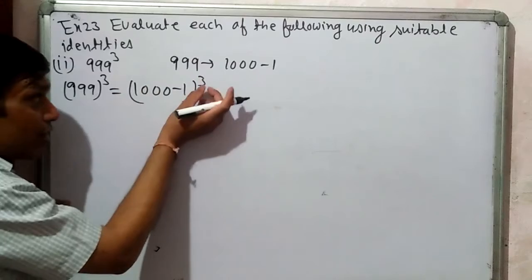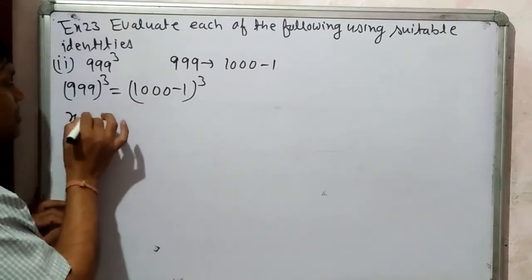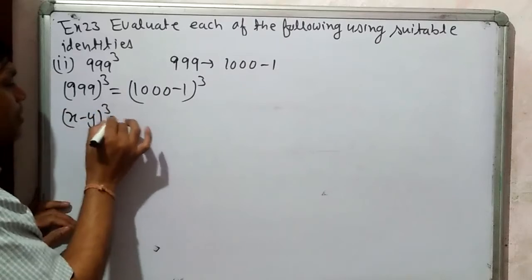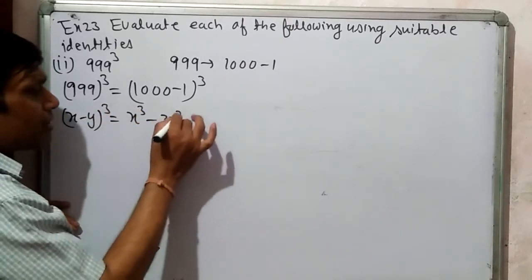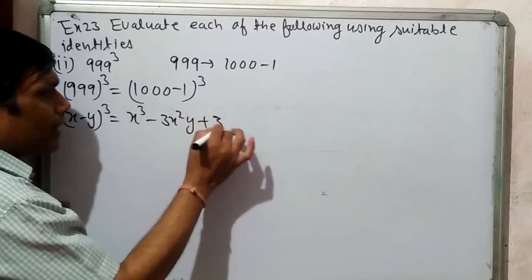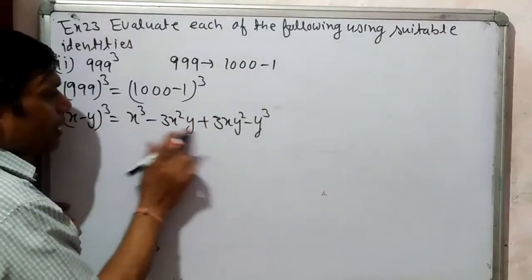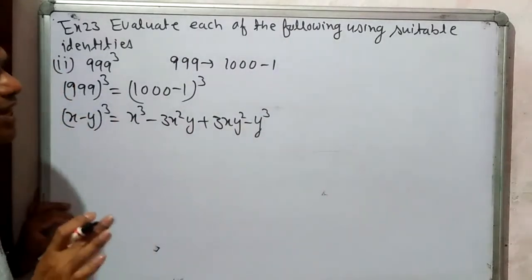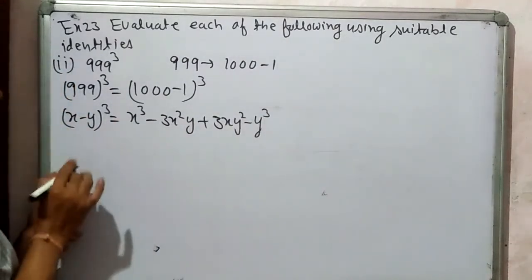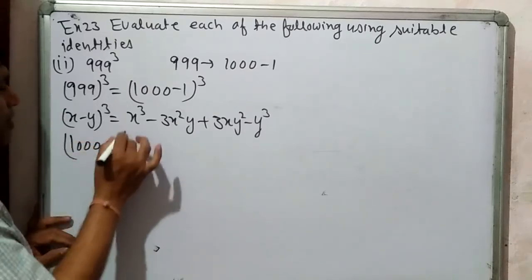This is the identity for the cube of difference. So what I have is x minus y whole cube. Remember the identity: x cube minus 3x square y plus 3xy square minus y cube. Alternate positive negative, decreasing powers of x, increasing powers of y. Write this as x is 1000, y is 1 whole cube.